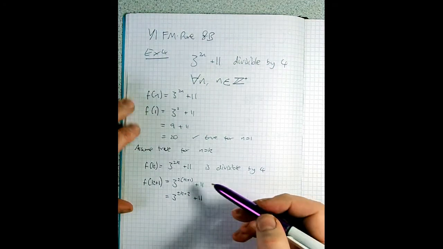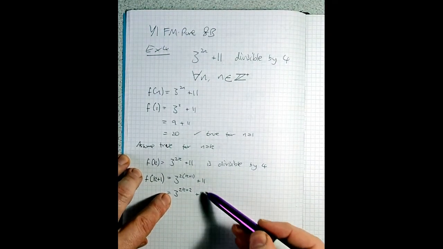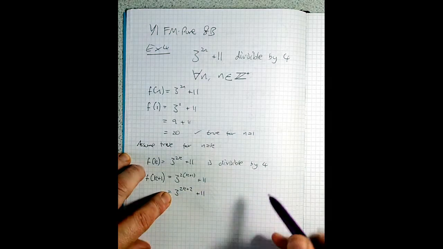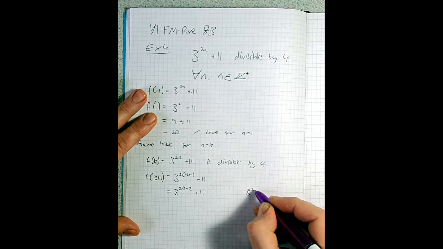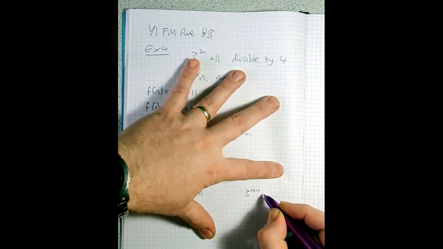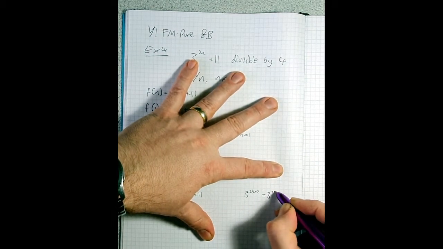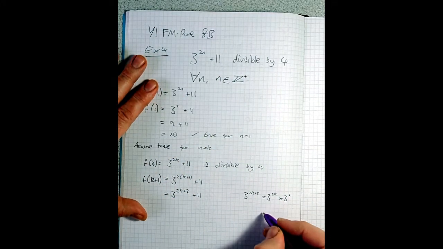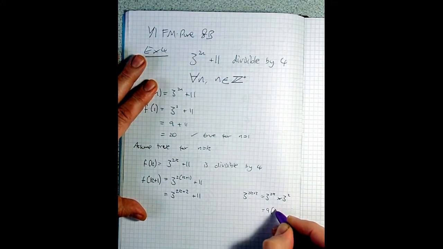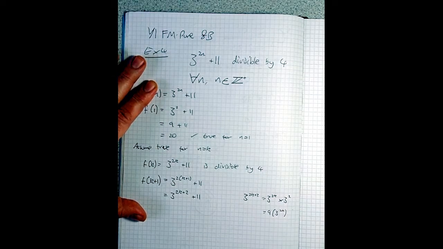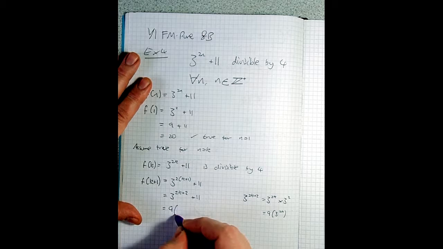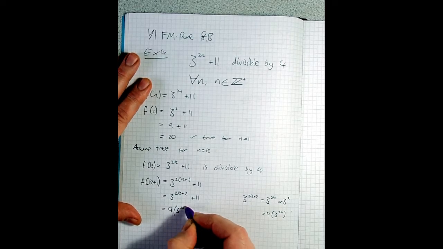Now the strategy is to get an f of k here and to see what's left over. Consider 3 to the 2k plus 2. Well, that's just 3 to the 2k multiplied by 3 squared, which is 9 lots of 3 to the 2k. So I'm going to write it like that, 9 lots of 3 to the 2k.